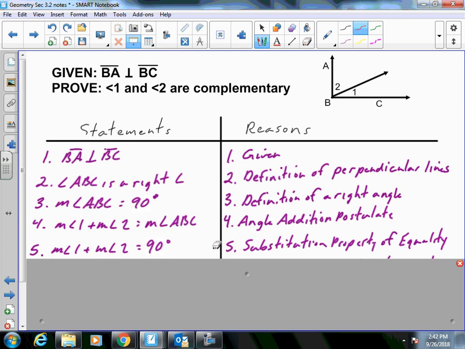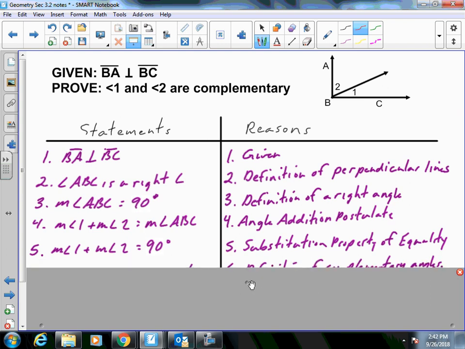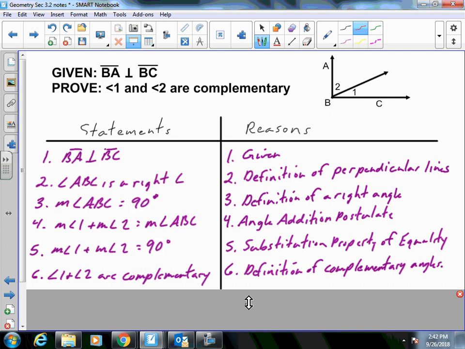Definition of complementary angles, right? If I look up that definition in the glossary, complementary angles is going to say two angles whose sum equals 90 degrees. So angle 1 and angle 2's sum equals 90 degrees, so that means they have to be complementary. Questions, anybody?